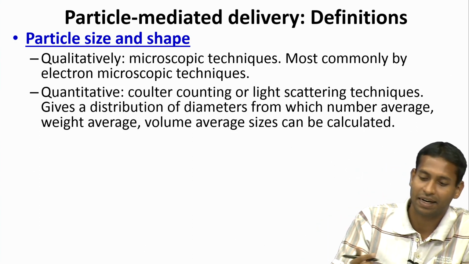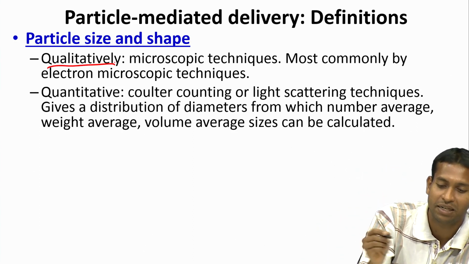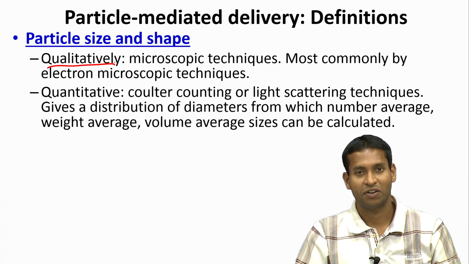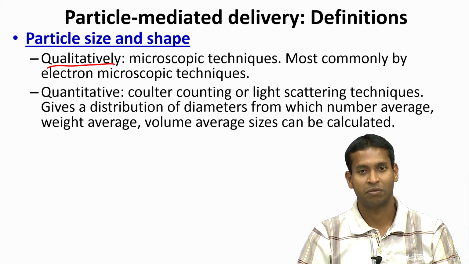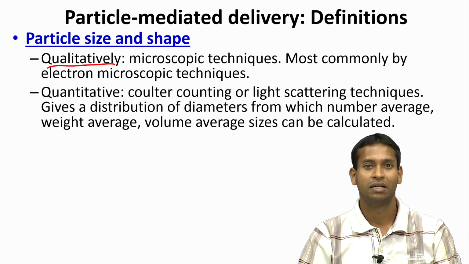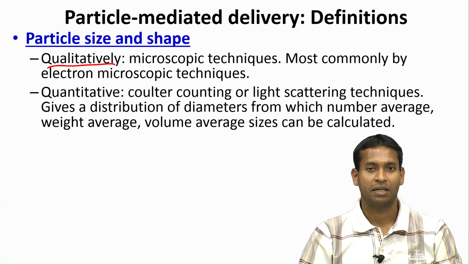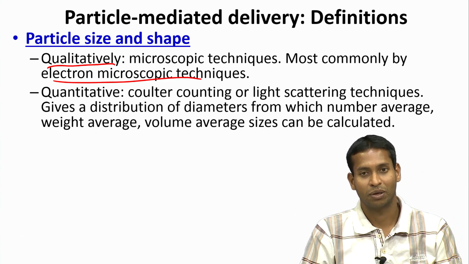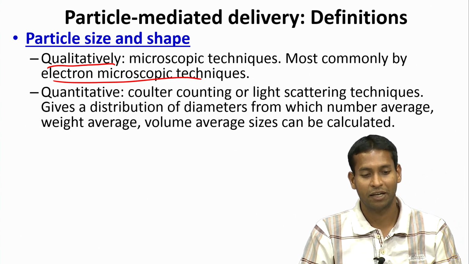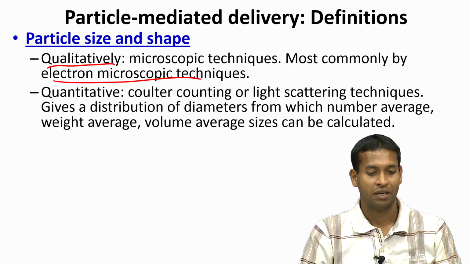You can get a qualitative estimate using microscopy. We now have very powerful microscopes that can image even 10 nanometer and lower, and electron microscopes that can go down to single digit nanometer size ranges.